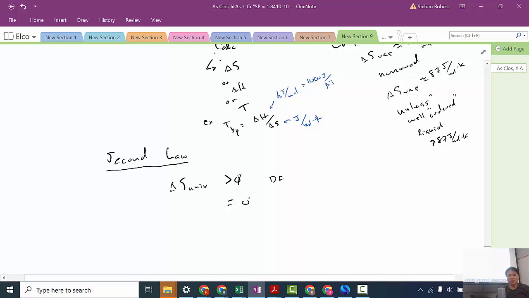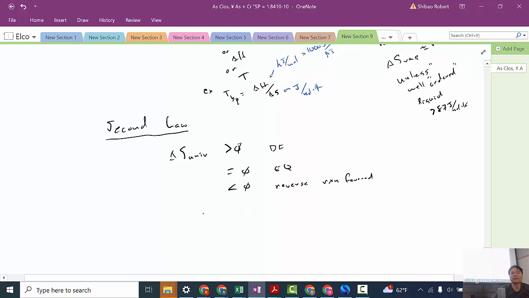That is, there's no change. If it's less than 0, then the driving force is for the reverse reaction, reverse reaction favored. But we need to quantitate it. So there are two things we could do. We could do this qualitatively, or we could do this quantitatively.